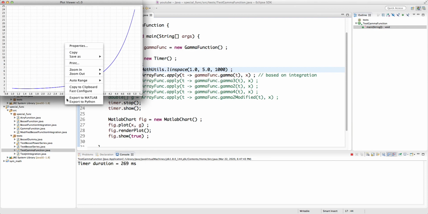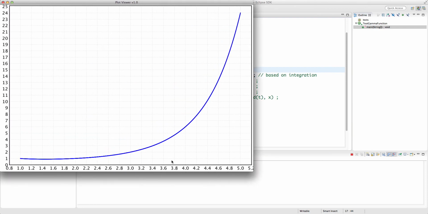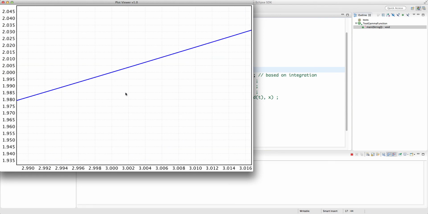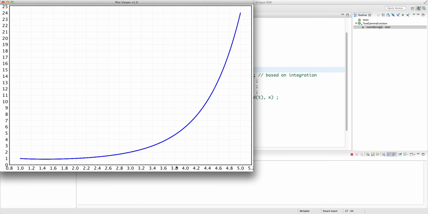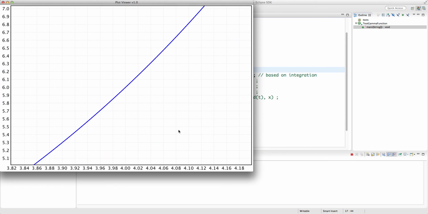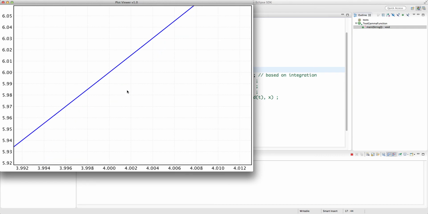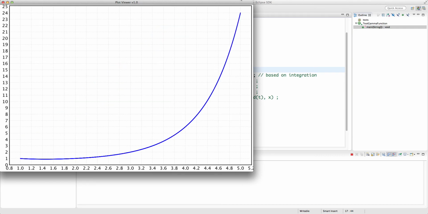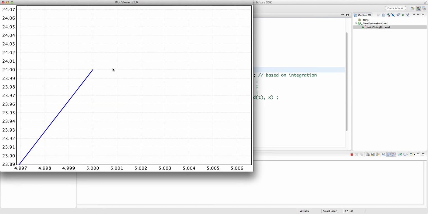Gamma of 2 is 1 factorial, which is also 1. All right, let me just increase the font. Gamma of 3 is 2 factorial, which is 2. Gamma of 4 is 3 factorial, which is 6. And gamma of 5 is 4 factorial, which is 24.